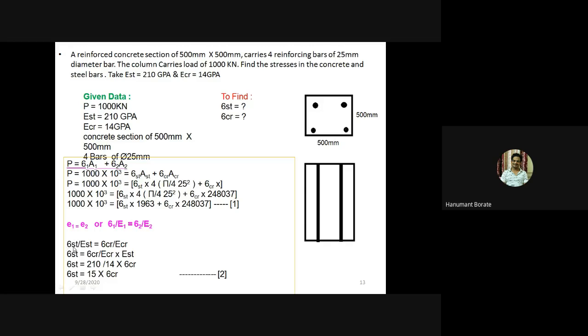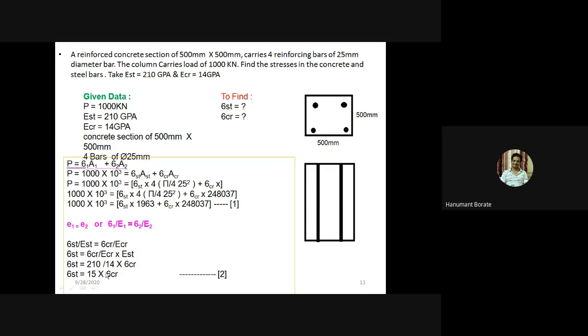For the first member as steel and the second as concrete, sigma_st by E_st equals sigma_concrete by E_concrete. Finally we get sigma_st equals E_steel divided by E_concrete into sigma_concrete.